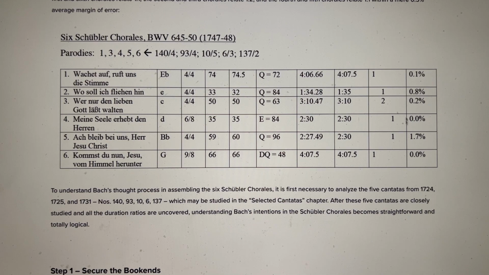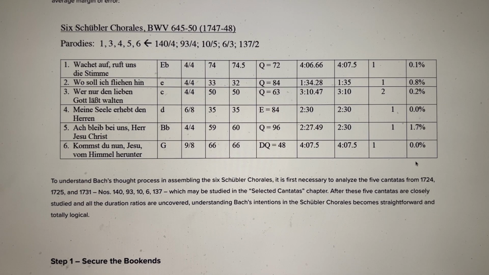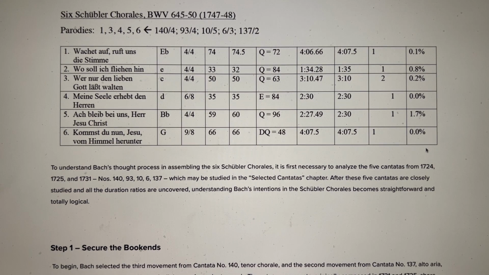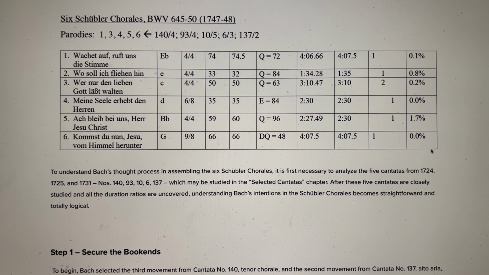And all of this, astonishingly, is only a 0.5% margin of error. So this is testament to Bach's unfailing memory and his use of numbers and his use of proportions in the creation of his musical works.